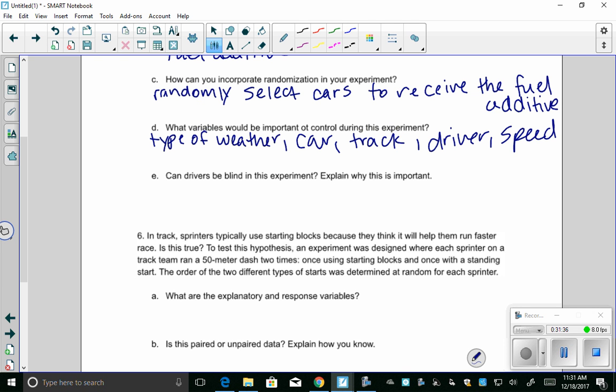Okay. Can drivers be blind in this experiment? No. Yes. I don't remember telling you now. No, because they know when they're stopping. So they know when they're getting the fuel out. But it's not when they're stopping.